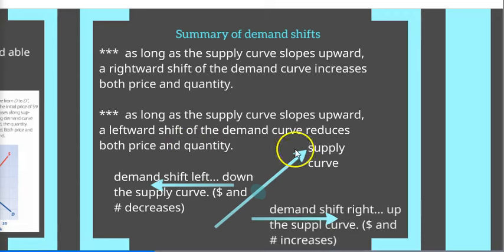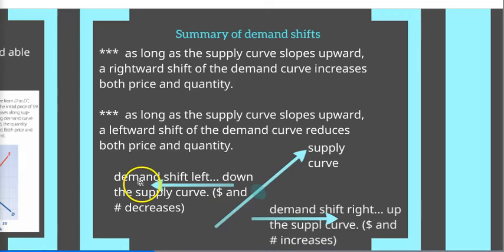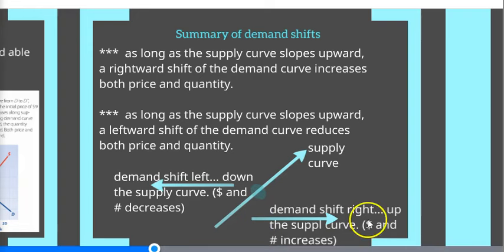So I tried to give you sort of an idea. This is my supply curve, it's sloping upward. When demand shifts left, you go down the supply curve, and price and quantity decrease. When demand shifts to the right, you go up the supply curve, and price and quantity increase.